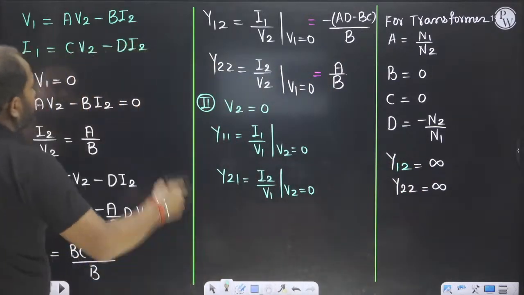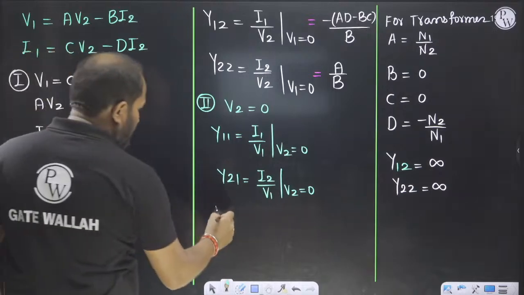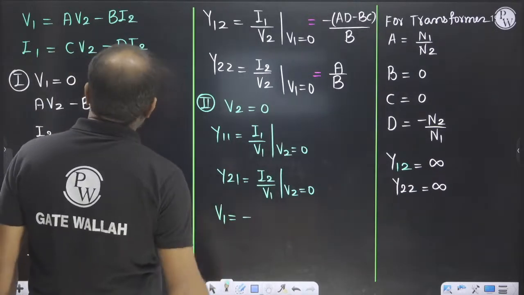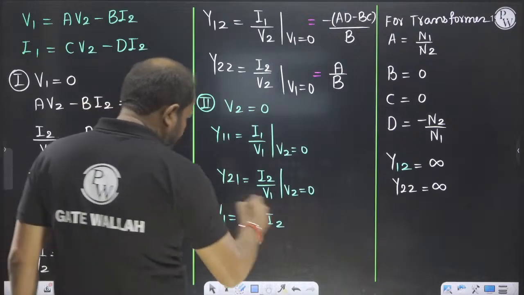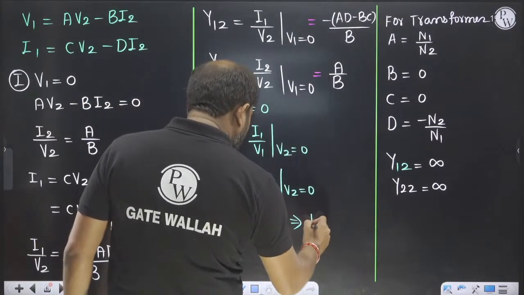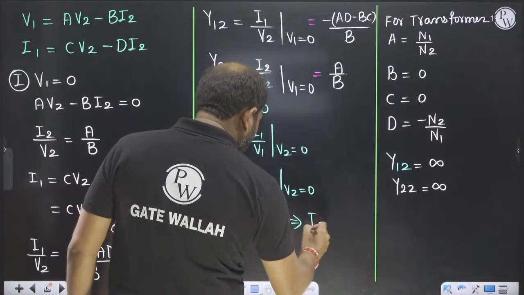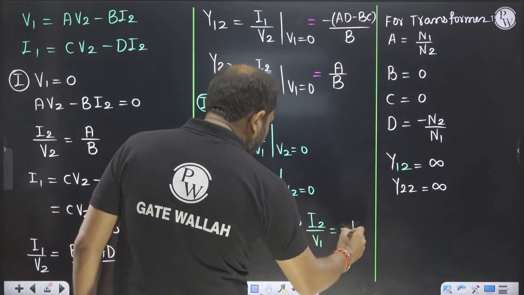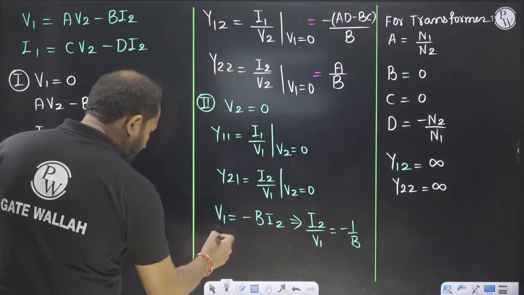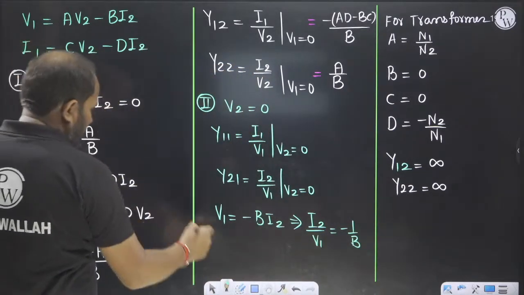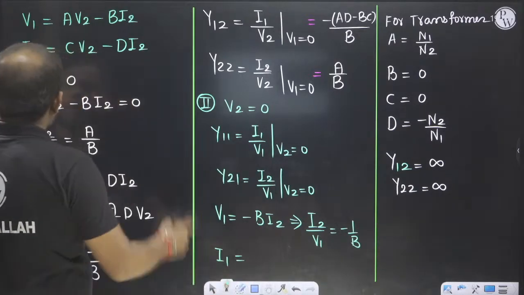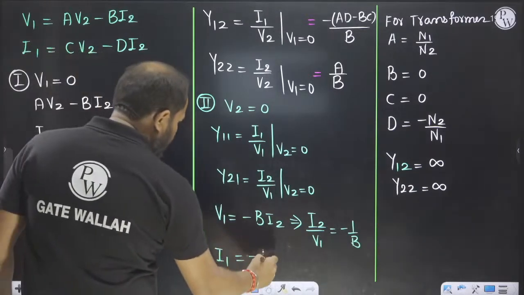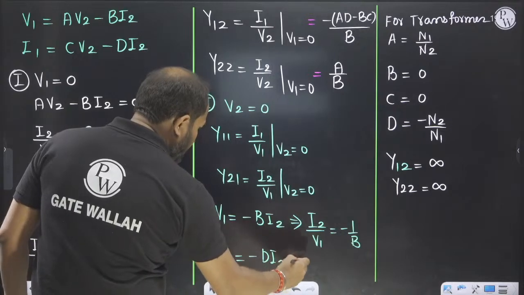Then with V2 equal to 0, V1 is equal to minus B I2. So I2 by V1 is equal to minus 1 by B, and I1 is equal to minus D I2.